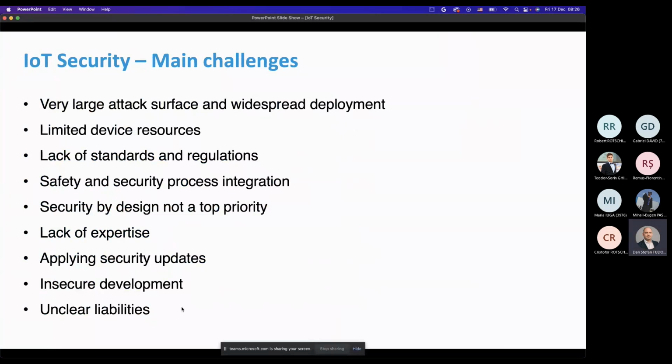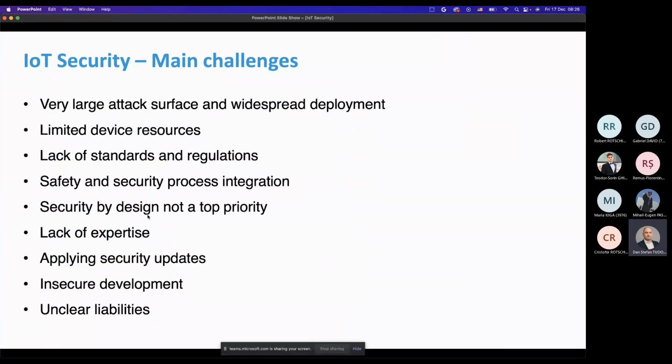There is a limited resource pool for every device, so there is not hugely much computation available. The availability of computation in these devices is not so good, and there's a lack of standards and regulations for how we implement security in such devices.